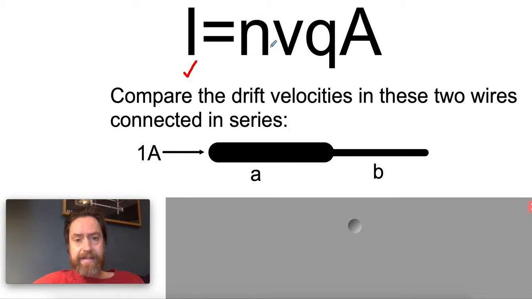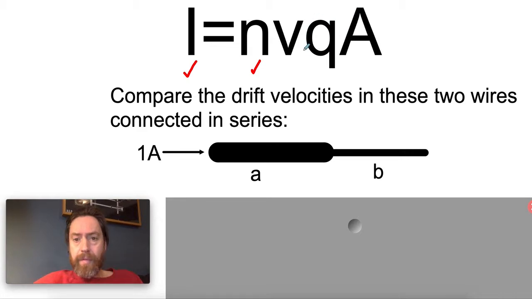Now, n is the number of charge carriers per unit volume, and this is where some people go wrong. A would have more charge carriers in it, but they're made of the same metal. I haven't said it in here, but if it was an exam question, they definitely would say that. So the number of charge carriers per unit volume will be the same between A and B. So the n is the same.